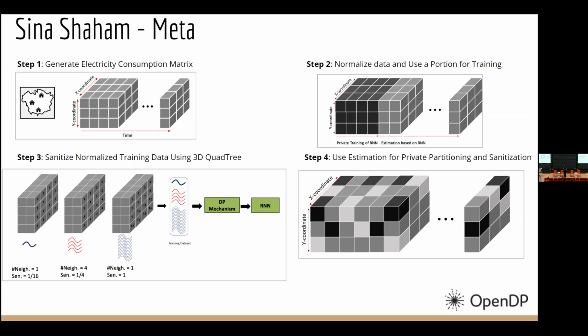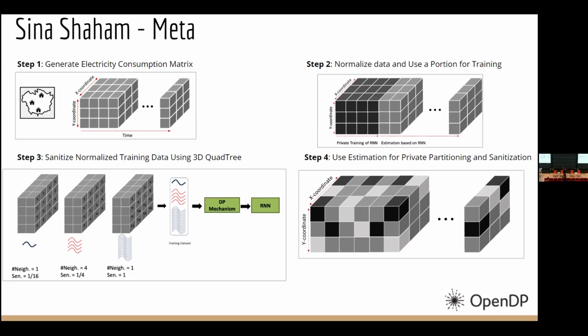In the second step, we normalize that consumption matrix. By doing that, we are bounding the sensitivity. And then we take a small portion of that data for private training of an RNN model. It's model agnostic. I'm just using RNN as an example.